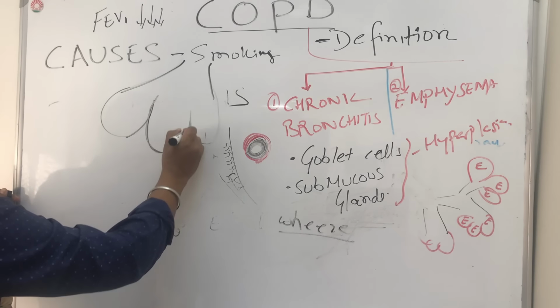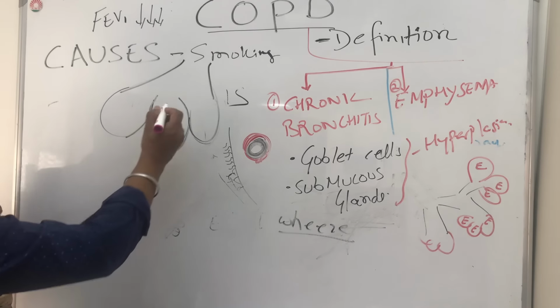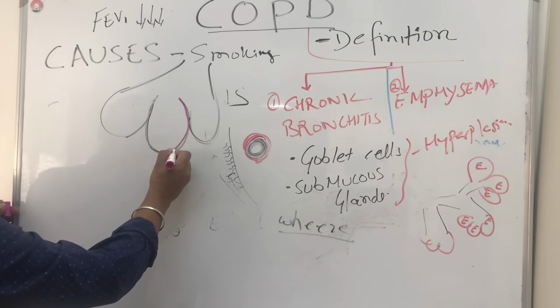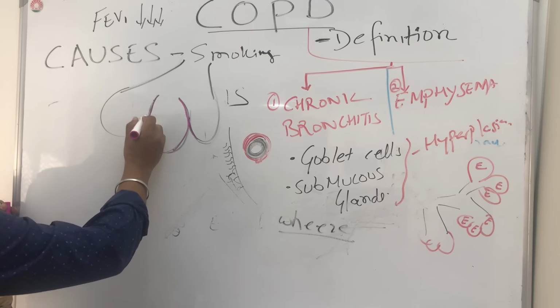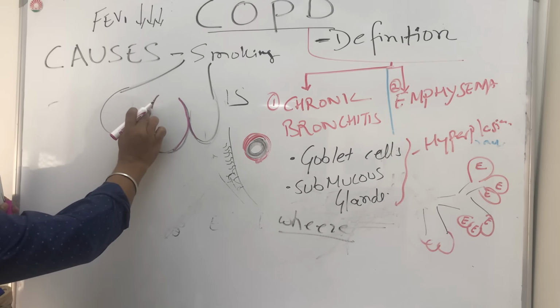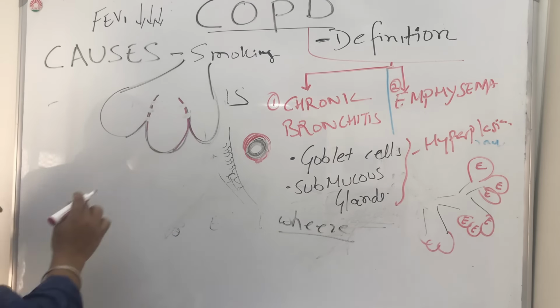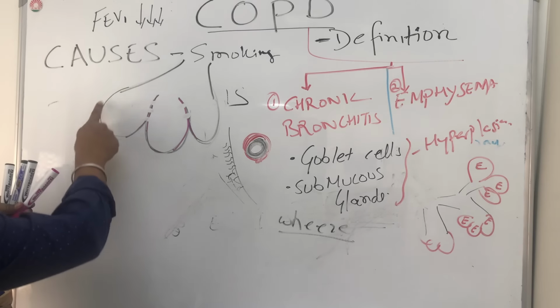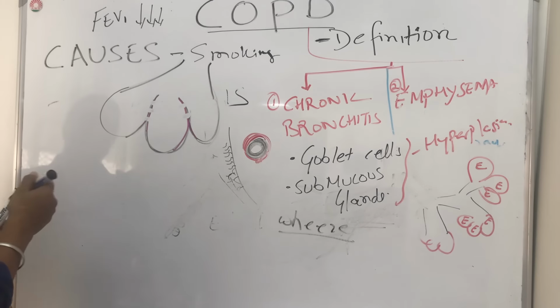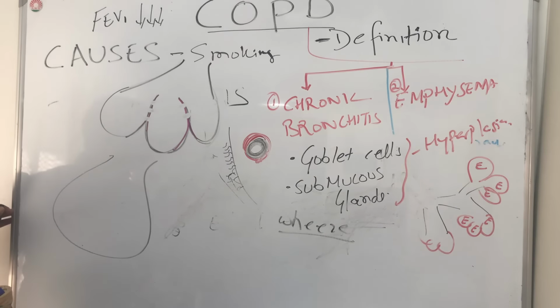So these are alveoli and these are alveolar septa. These are the walls. So what happens in emphysema? These alveolar septa are perforated. So they are damaged. As a result, now this whole thing will become an abnormally big alveoli or big air sac.